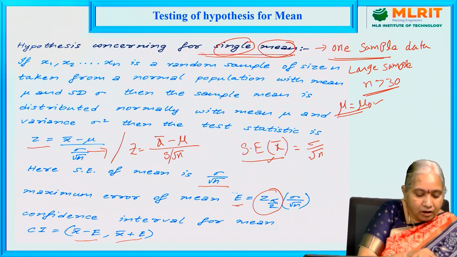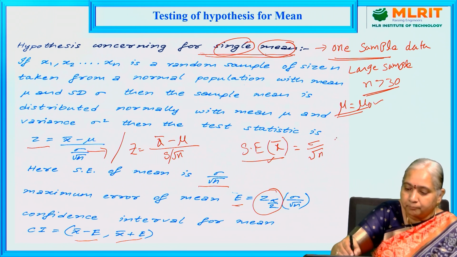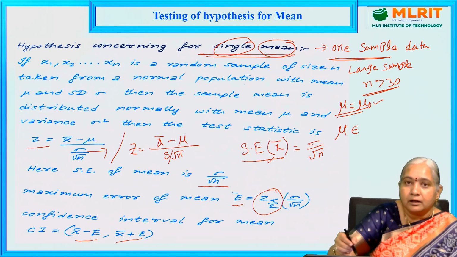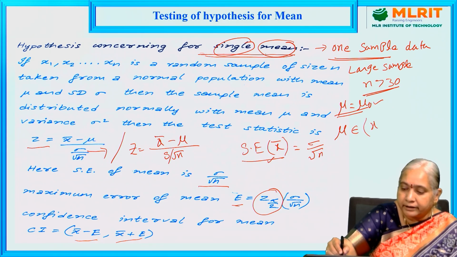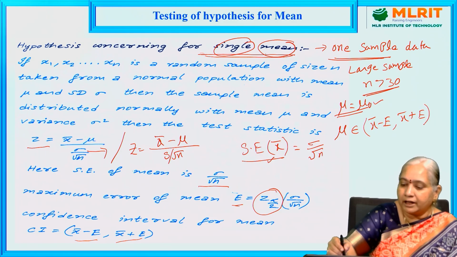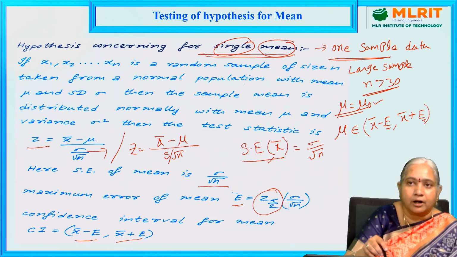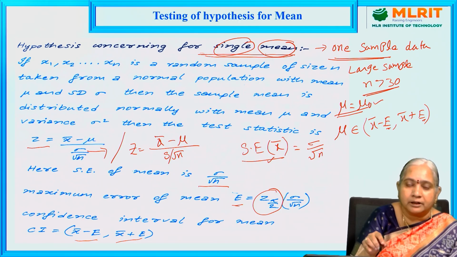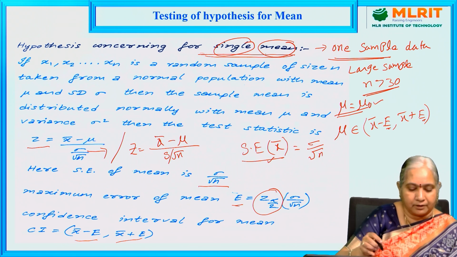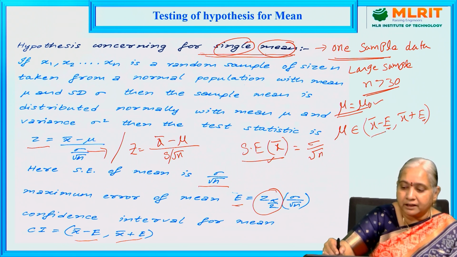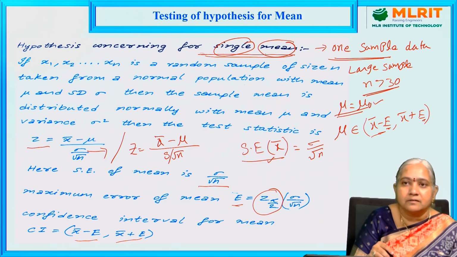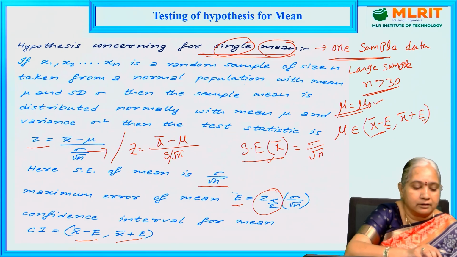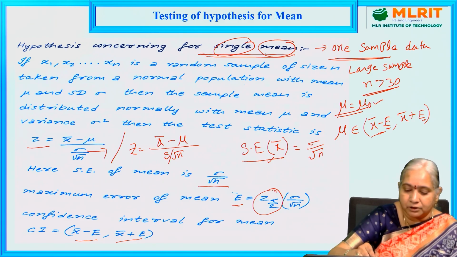So this is the confidence interval: mu, the population mean, belongs to the interval (x bar minus E, x bar plus E), where E is the maximum error of our estimation about the population parameter, whatever we have given in our claim. So mu belongs to this interval. So these are the formulas to calculate the Z value and the tabular value Z alpha by 2.